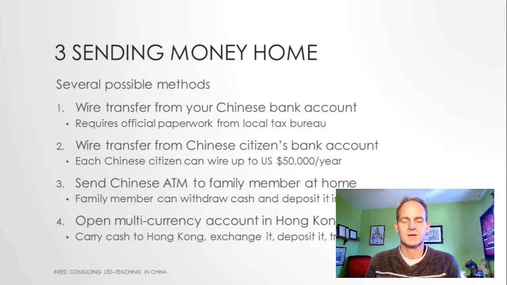Now, most of the time, you could simply go down to your Chinese bank and wire transfer the money to your Canadian bank. So you're just going to need to get your bank account info from your Canadian bank, which is your bank number, the branch number, the institution number, and also something called a SWIFT code.